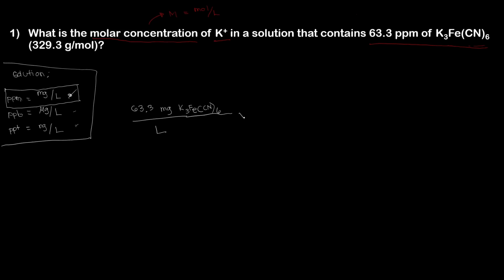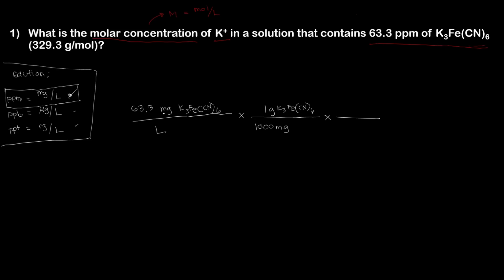63.3 milligram, and then 1000 milligram is 1 gram, of K₃Fe(CN)₆. Now we can use the molar mass in order to obtain the mole, right?